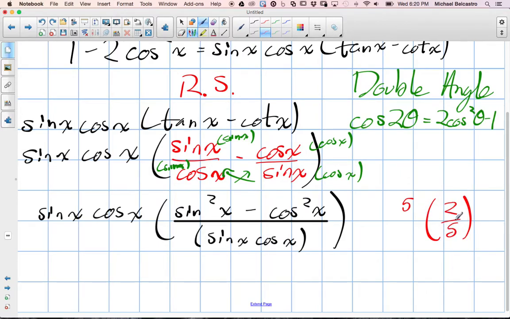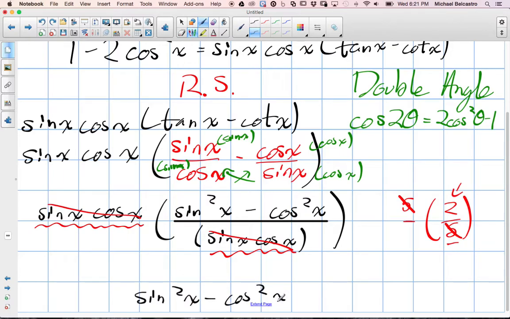Instead of going through all those steps, if I just realize that these two cancel or create a 1, it leaves me at just my answer, because these two values are the same. So our sine times cos x and our sine times cos x cancel out or create a 1. That would just leave us with sine squared x minus cos squared x.